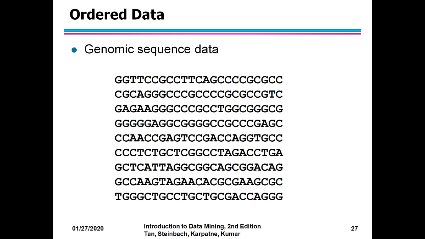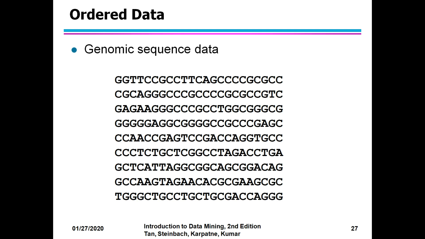Next, coming to genomic sequence data. What is genomic sequence data? Whole genome sequencing is the process of determining the complete DNA sequence of an organism's genome at a single time.